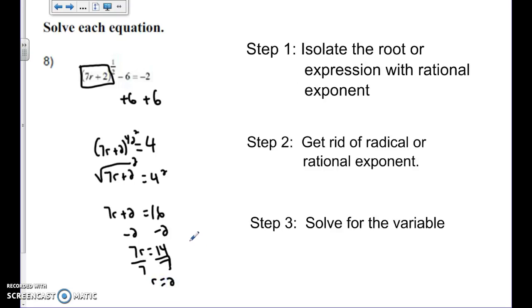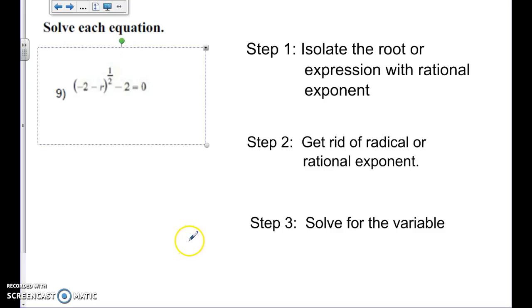It's almost exactly the same thing as what you guys were doing on the last set of questions. So let's look at another example. The same basic idea. We want to get whatever's being taken to the 1/2 power by itself. So we're going to add 2 to both sides. So I have -2 minus r to the 1/2 power equals 2.